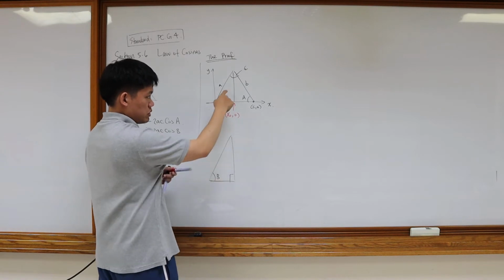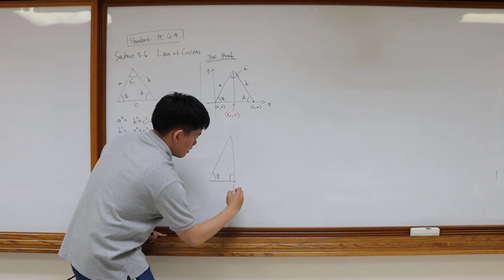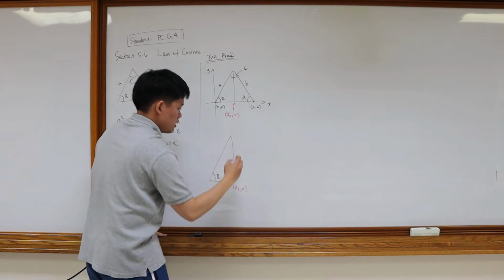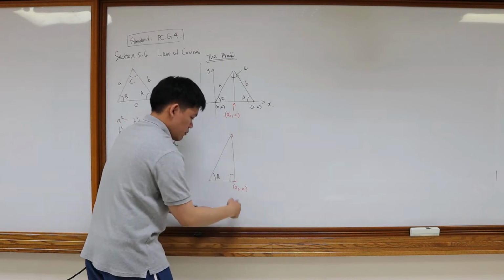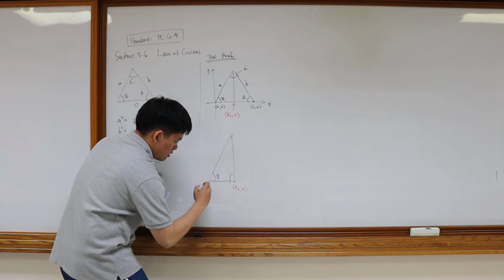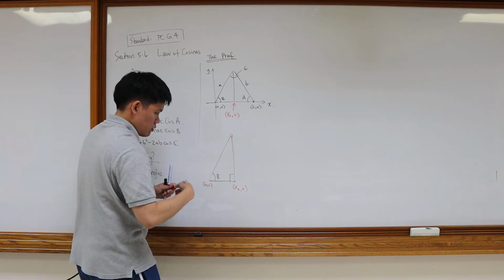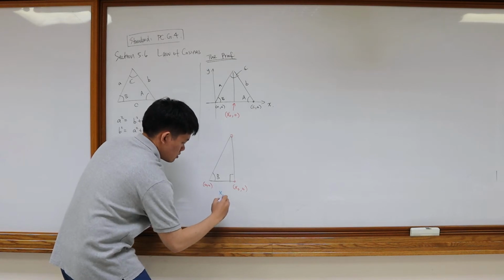So if you redraw this triangle, you get this triangle over here. At this point here, we have x0 comma 0. And let's finish this point here at the bottom, going from 0, 0. Let's write that, 0 comma 0, to this. That means my total distance here is equal to x0.